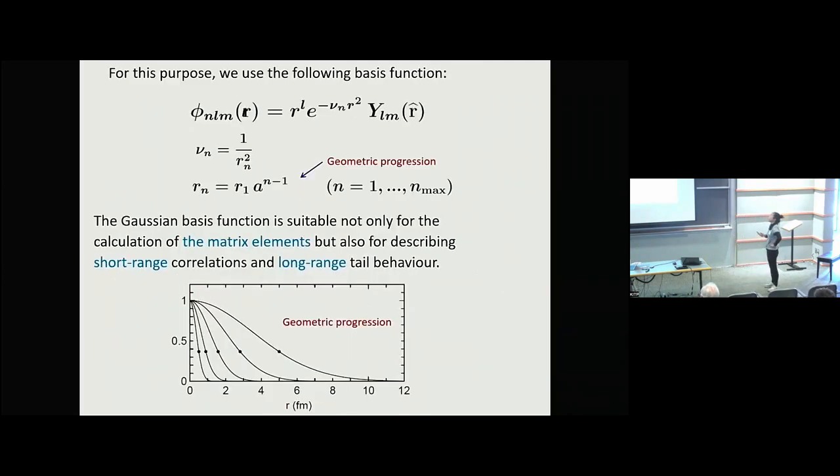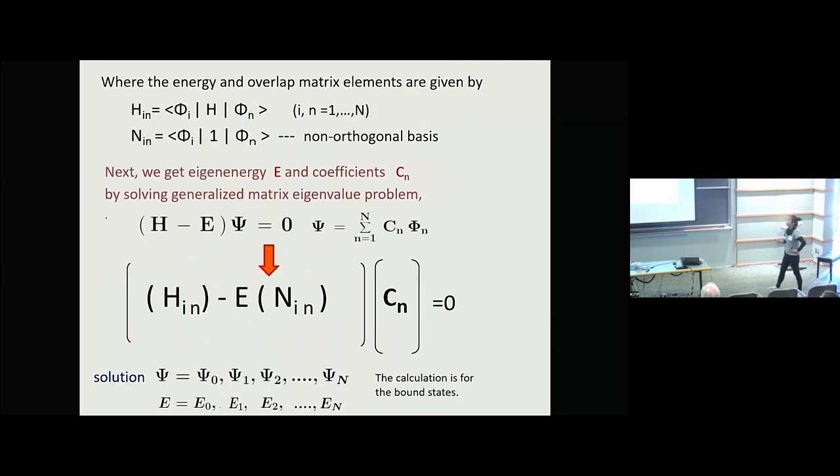Each radial part is described in a Gaussian form. Here mu r is a range parameter, and the range parameters are taken as a geometric progression like this. Using this basis function, we calculate the matrix elements.